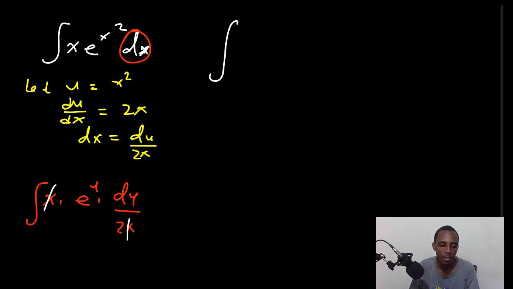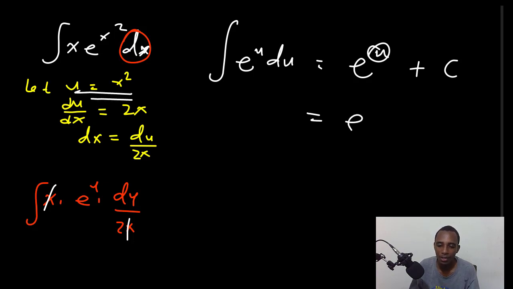So I have the integral of exponent u times du, which is really exponent u, plus the constant of integration. If I substitute back for u as x squared, I just have exponent x squared plus a constant.